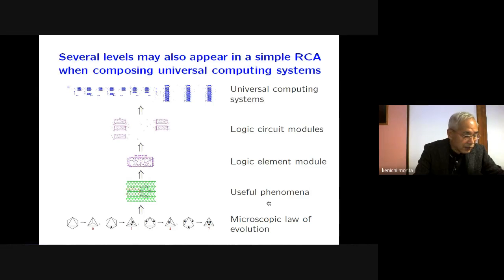In the next level, if we find useful phenomena in the cellular space, they are identified as primitive functional modules. Using such useful phenomena, a logic element module is composed.